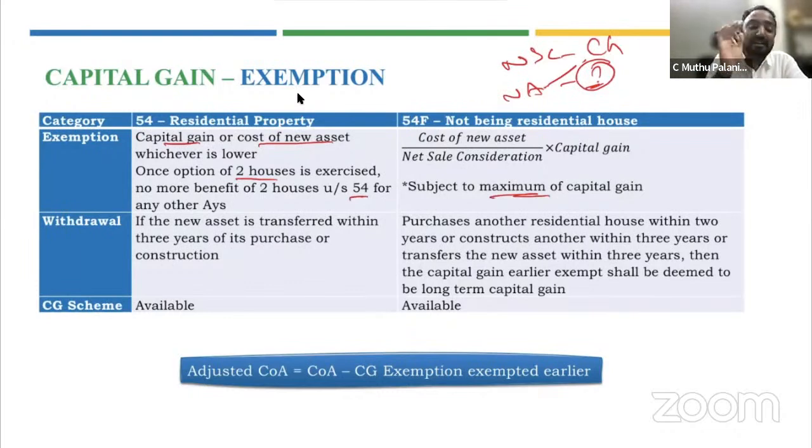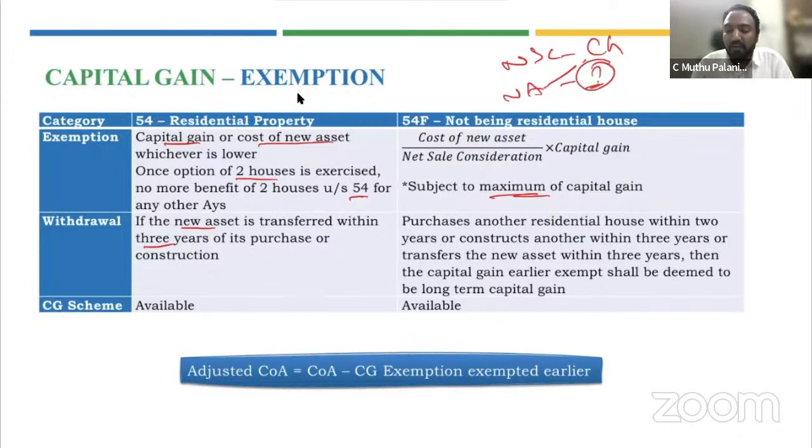And one critical thing is, if the new asset is transferred within 3 years, then this exemption will be withdrawn. Whatever was treated as exemption earlier will become taxable.